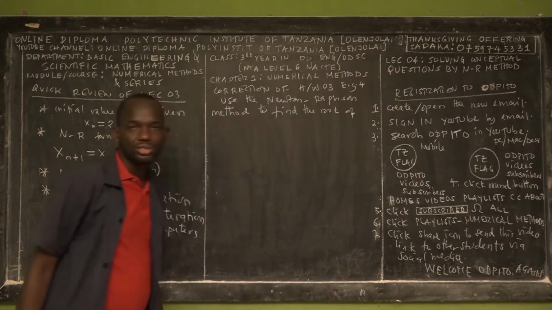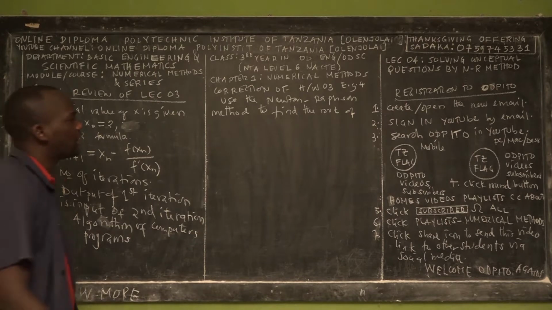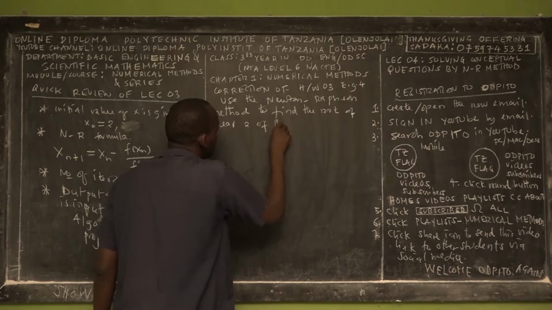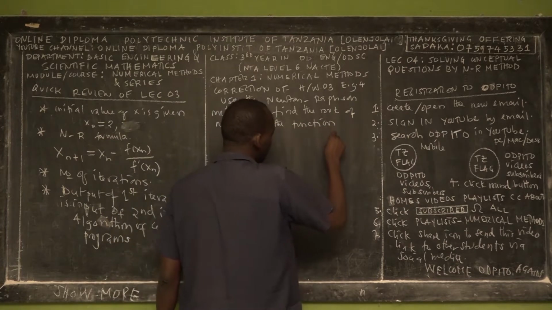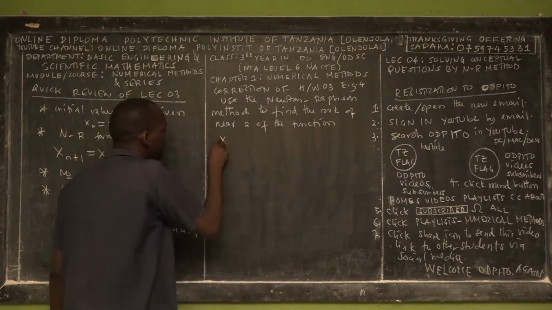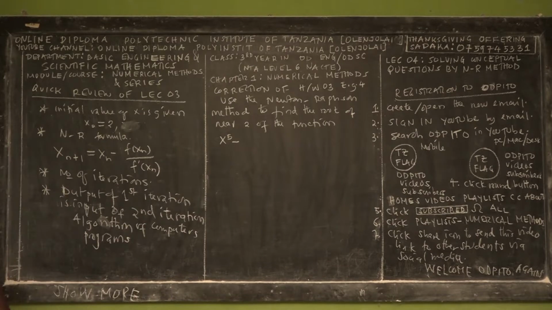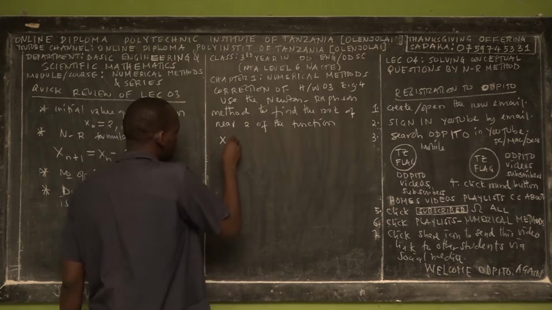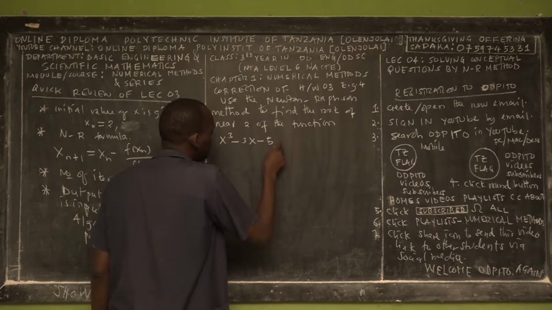To find the root, use the Newton-Raphson formula. Find the root near 2 of the function. Our function is x cubed minus 3x minus 5: x power 3, first term, minus 3x minus 5.